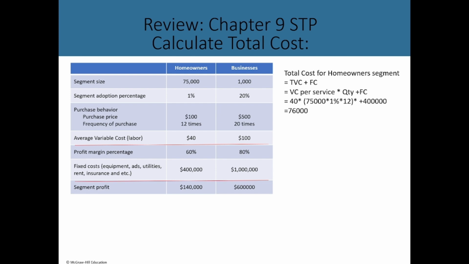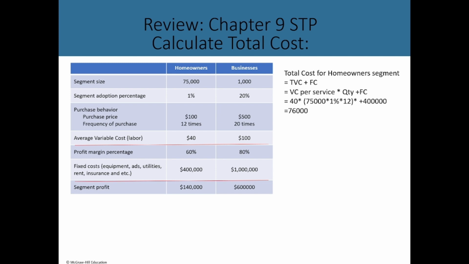In that example, we have a variable called average variable cost, which is basically labor. So for homeowners, it's $40 for each time, but for businesses, like services, it costs $100 on labor.